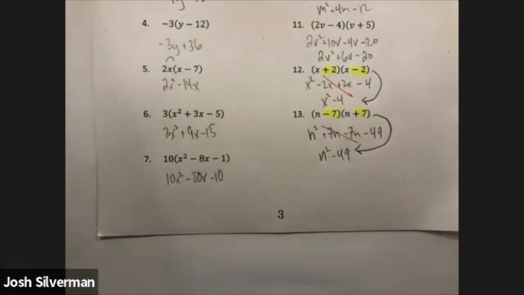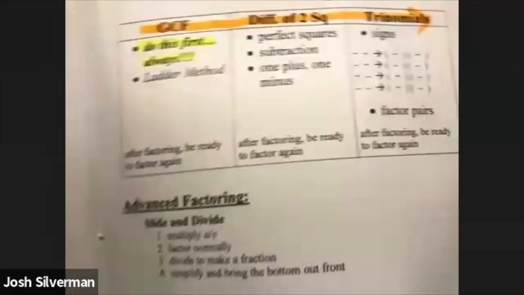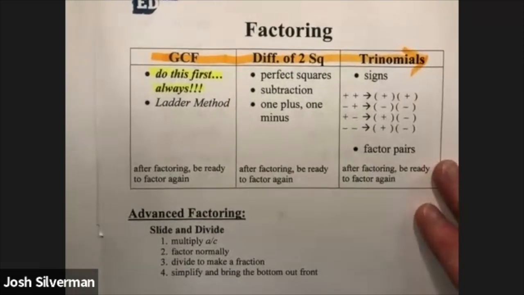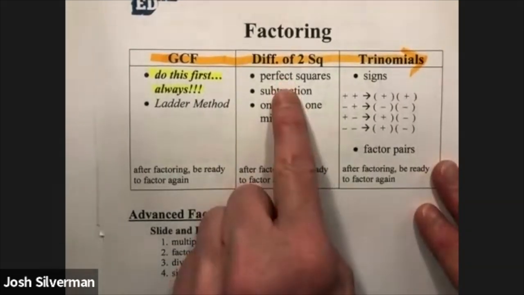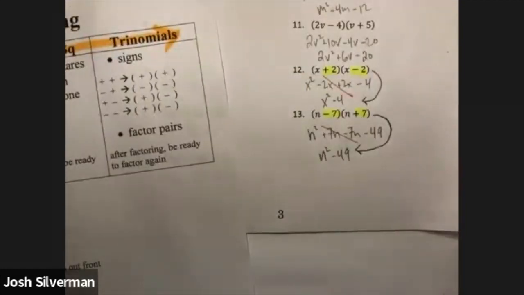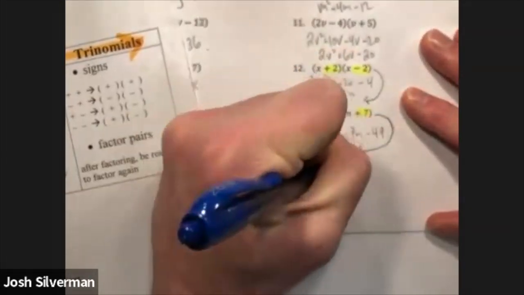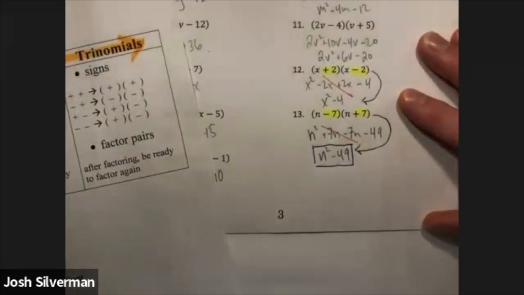This brings us to difference of two squares. So all of that page was just to get us to here. All of that distributive property was just to get us to here. Difference of two squares. What is a difference of two squares? This, my friends, is a difference of two squares.